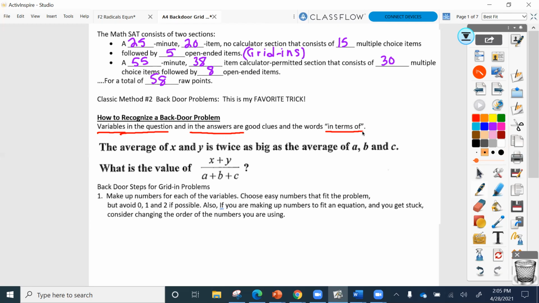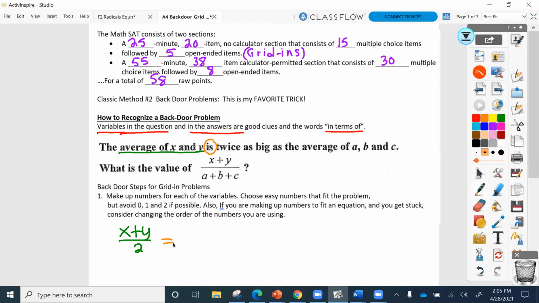All right, so let's color code this a little bit. The average of X and Y would be whatever the sum of X and Y is, divided by 2. Then we've got this word is, which means equals.